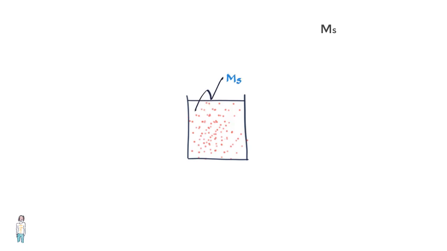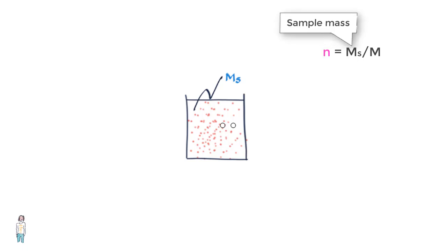If we are given ms grams of sample, all we need to do is divide the sample mass ms by the mass of 1 mole, often called the molar mass. So n, the number of moles, is equal to ms, the sample mass, divided by capital M, the molar mass.